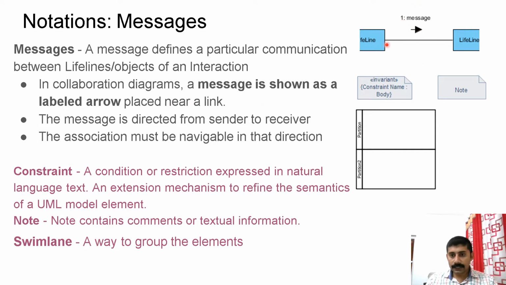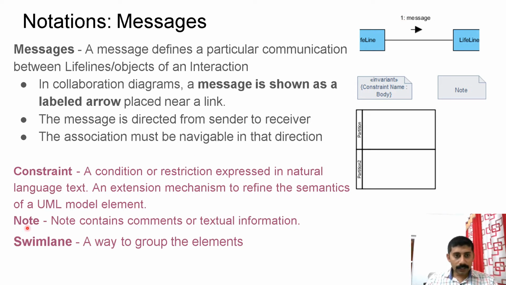So this is a link and this message is placed near the link, and it is an arrow pointing to the receiver. The message is directed from the sender to the receiver. The association must be navigable in that direction. There has to be an association, then only we can tell that it is navigable. And the message name must be numbered.